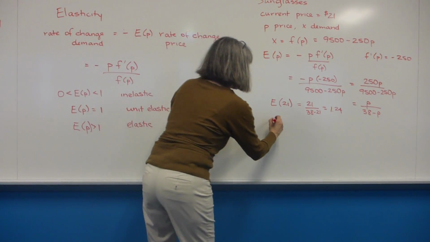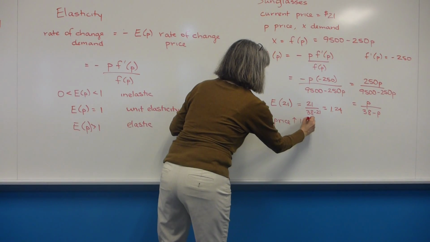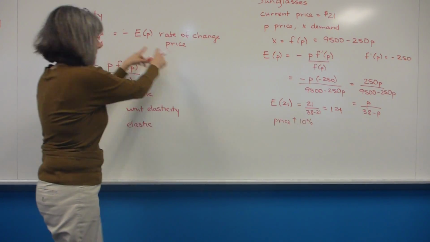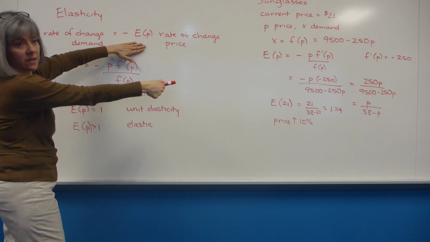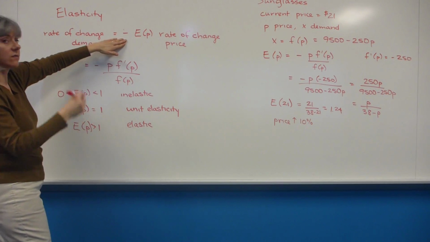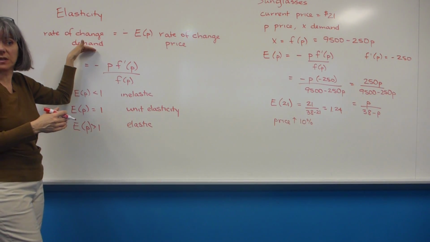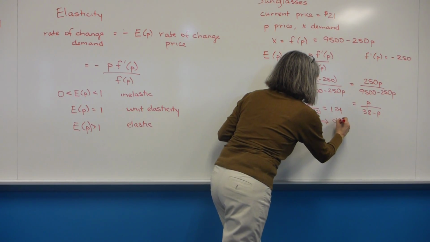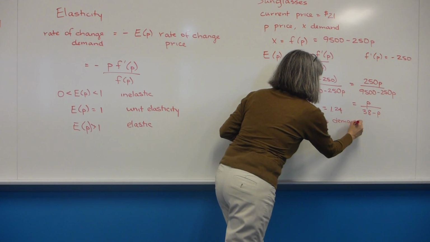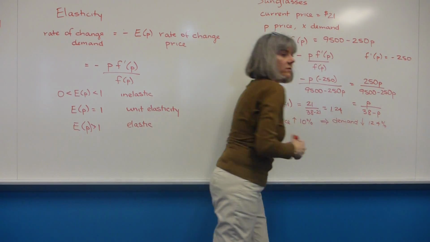So from here, I know that if the price goes up 10%, I've got a multiplying equation: 10% times 1.24 in this case, with the negative, because I know that my demand is coming down. That tells me what percentage change I can expect. So in this case, the demand will go down 12.4%.